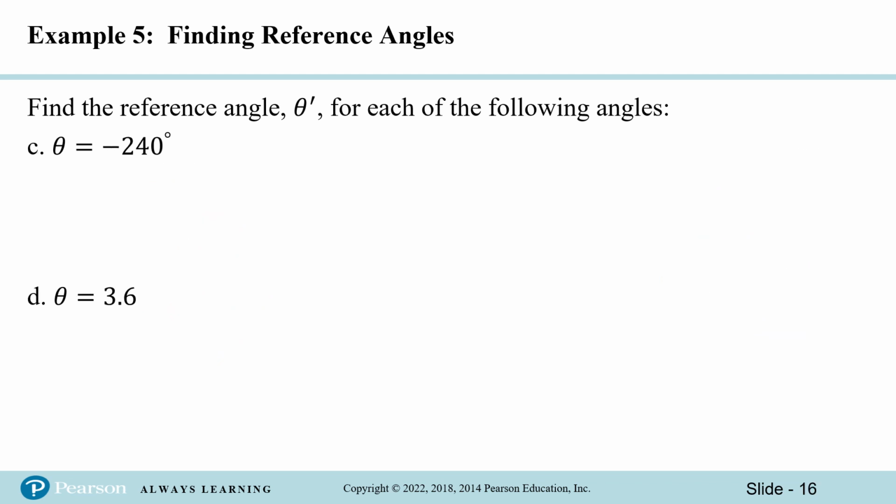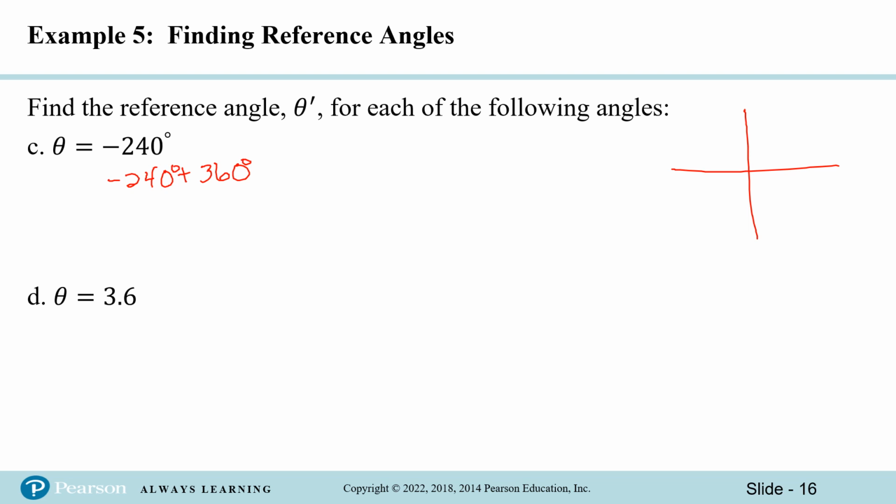Negative 240, sorry. Have to figure out what quadrant it's in. It's easier to figure out what quadrant it's in if it's a positive, to be perfectly honest. So I'm going to add 360 to this to get it as a positive angle.